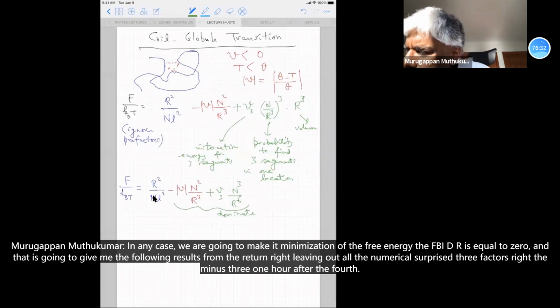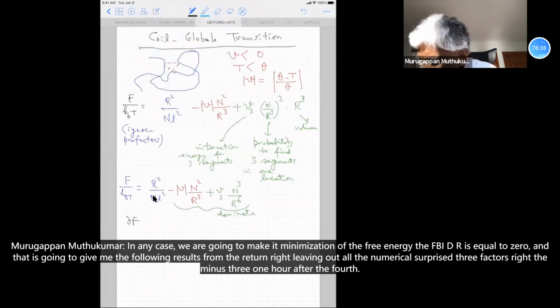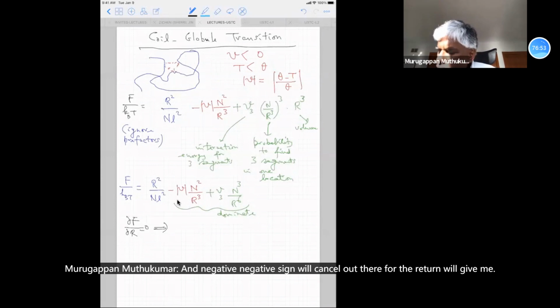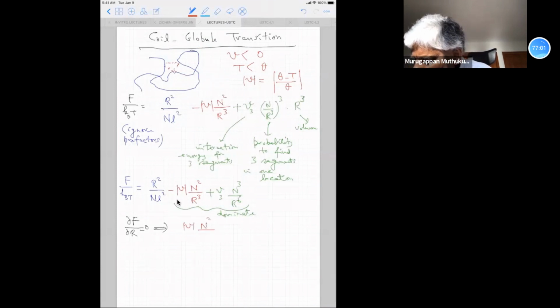In any case, we are going to minimize the free energy, dF by dr equal to 0, and that is going to give me the following results. From the red term, leaving out all the numerical prefactors, there's a minus 3 over r to the 4, and the negative sign will cancel out. Therefore the red term will give me modulus V n squared by r to the 4.